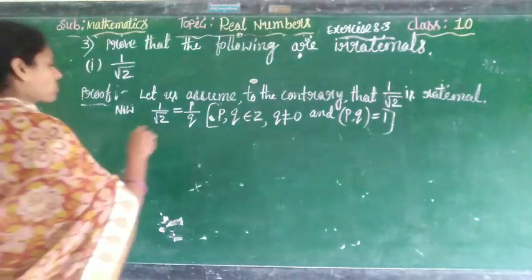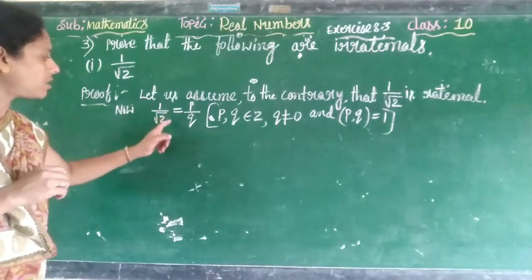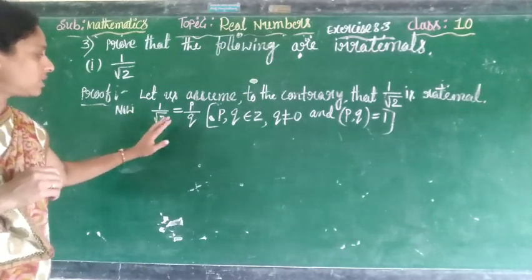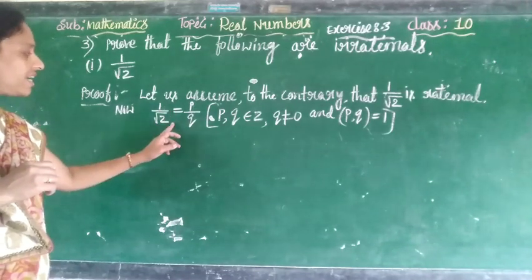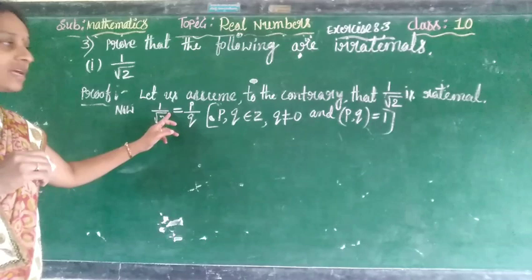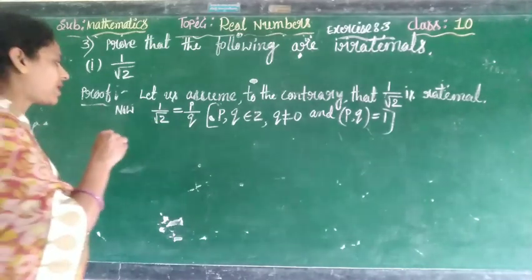So multiply root 2 on both sides, numerator and denominator.